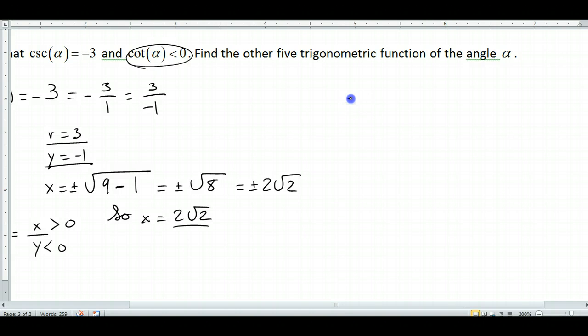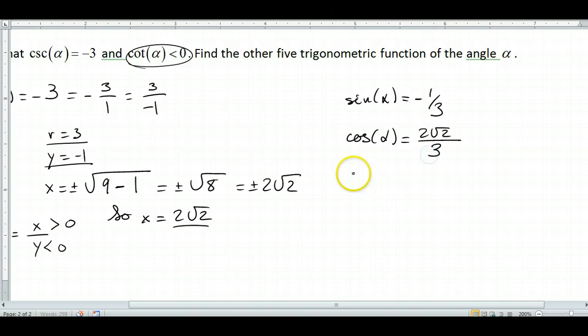I'll start with the sine, and I'll just flip that, -1/3. Let's go with cosine of alpha. It's x over r, so 2√2/3. And then the tan of alpha, which is y over x, so -1/2√2.